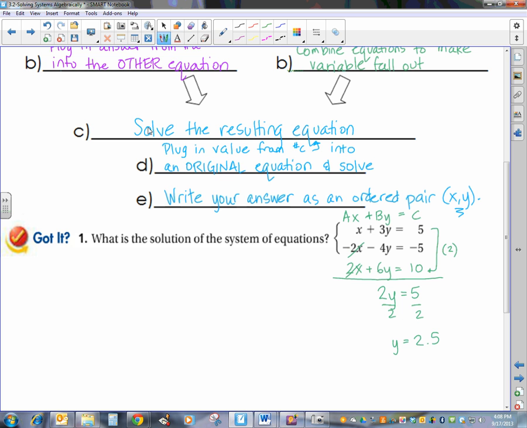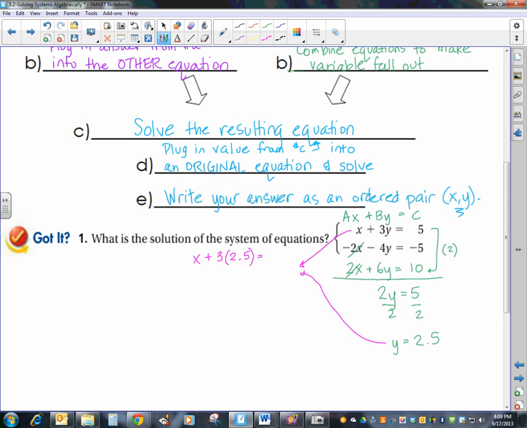So I have solved my resulting equation, and now I'm going to plug in the value from C into an original equation. So I'm going to plug it into the one that has x by itself. So I'm going to take my y equals 2.5. So I'm going to have x plus 3 times 2.5 equals 5.